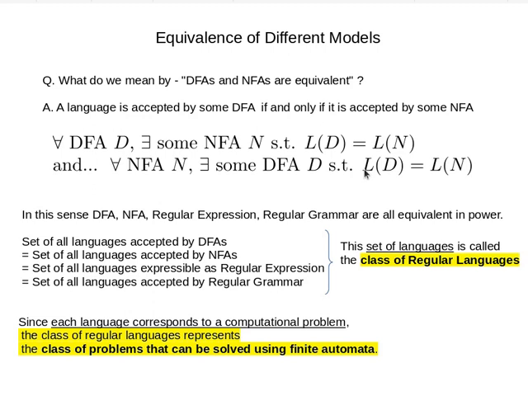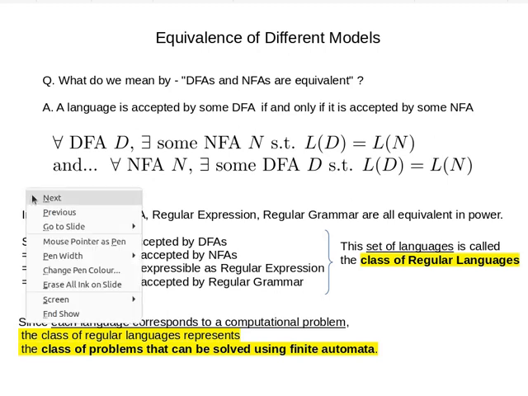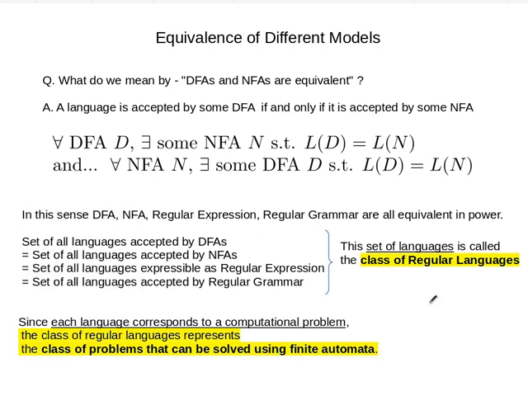So when we look at a language, if we say that it is accepted by some DFA, it's the same as saying it's accepted by some NFA and vice versa. So the set of all languages accepted by DFAs will be the set of all languages accepted by NFAs. So we are now talking about a set of languages.